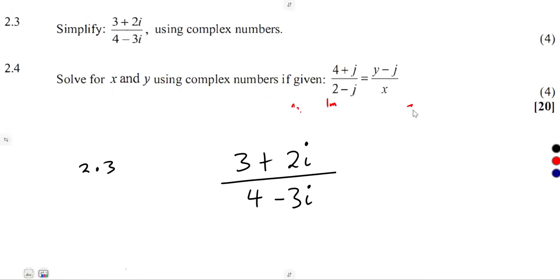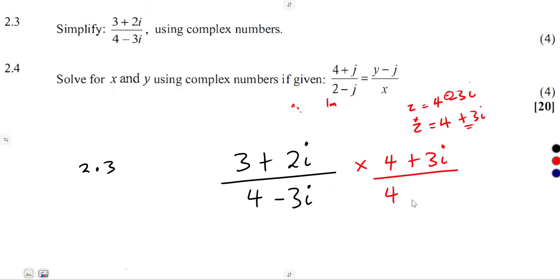So if our z is 4 minus 3i, what is its complex conjugate? You introduce a negative on the imaginary part. So it's going to be 4 plus 3i. Negative times negative is plus. So that's the one that we're going to multiply the numerator and the denominator by, the complex conjugate of this.